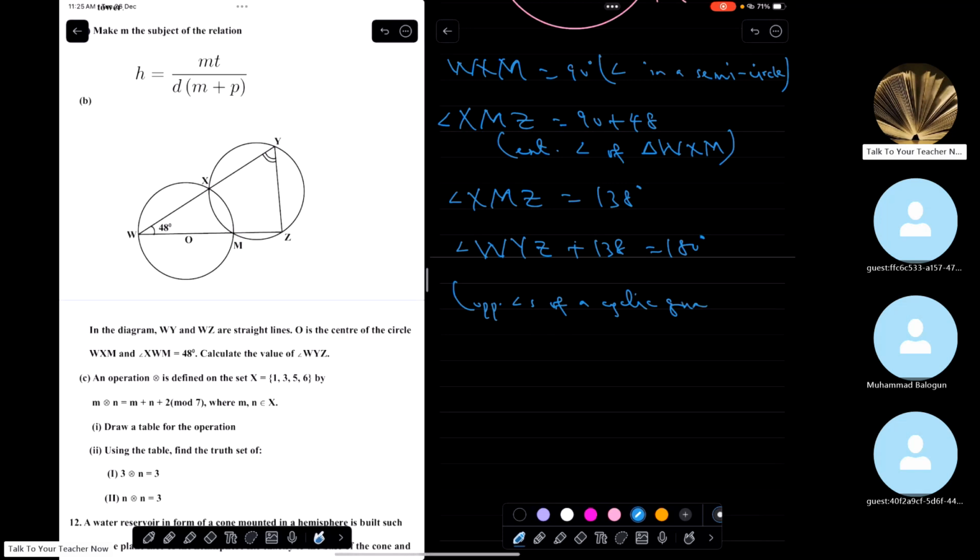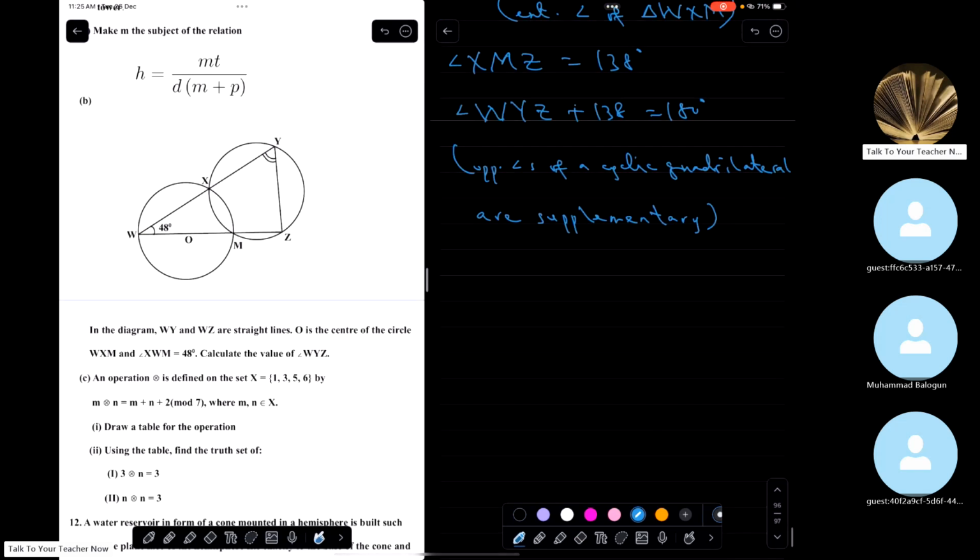You can put it this way, or simply say opposite angles of cyclic quadrilateral and then name the cyclic quadrilateral. So that simply means angle WYZ equals 180 minus 138, which is equal to 42 degrees.